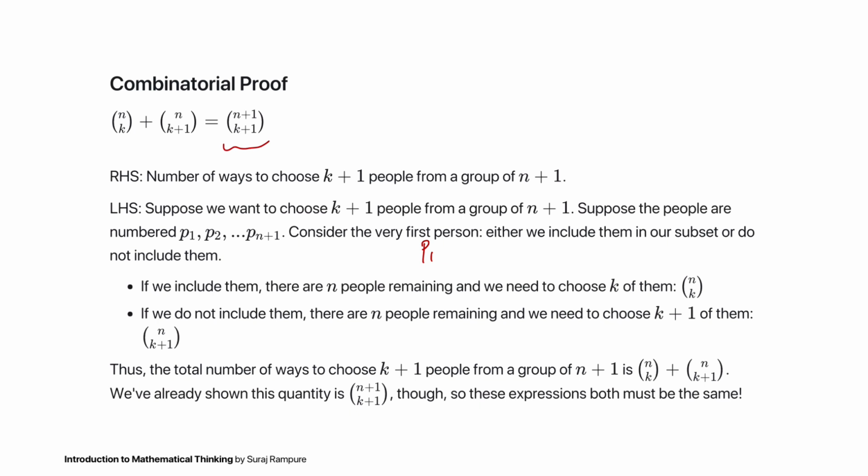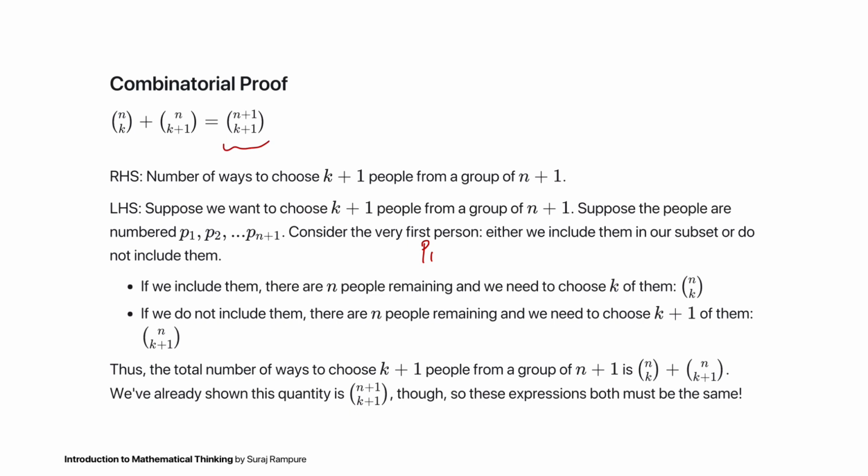Okay? When we're picking our subset of k plus 1 people, there are two options, right? Either P1 is included or they are not included. Is that clear? Either this first person is in our subset of k plus 1 people or they are not in our subset of k plus 1 people, right? So there's two cases.